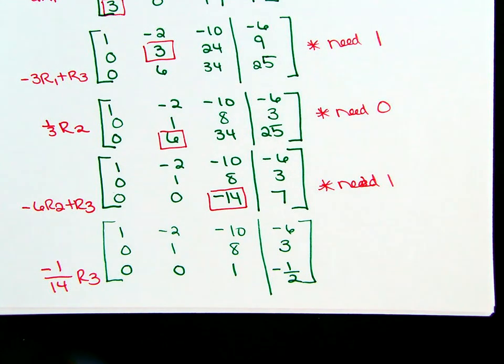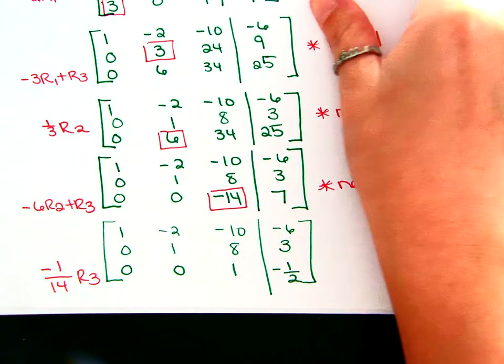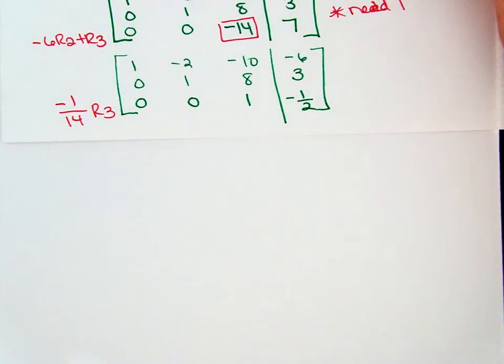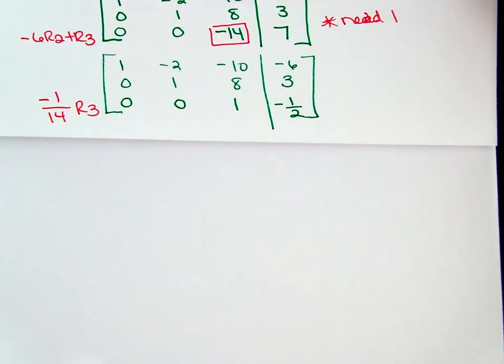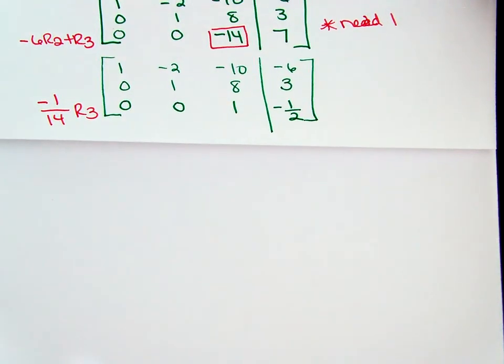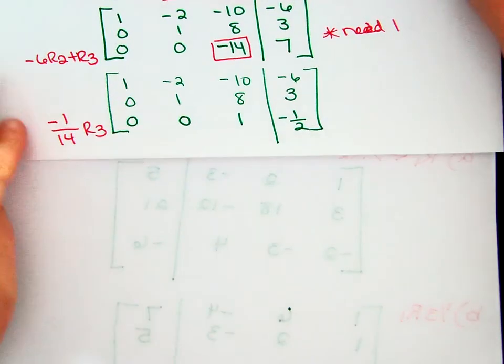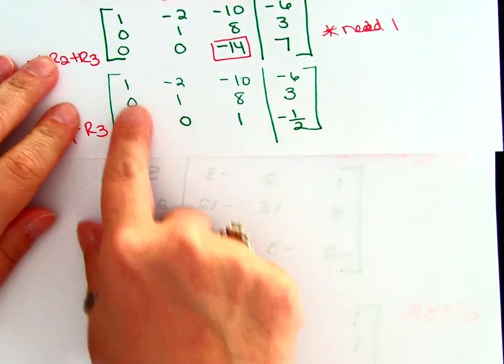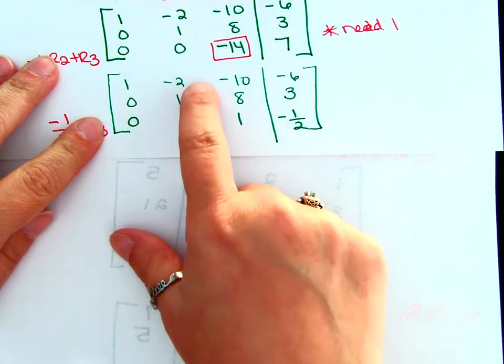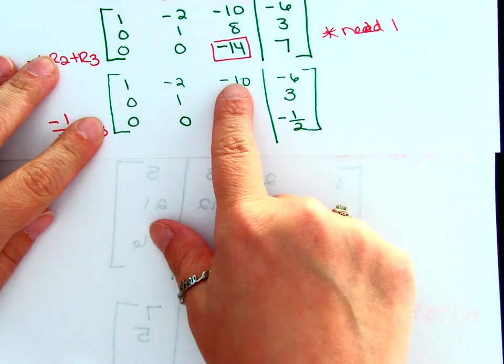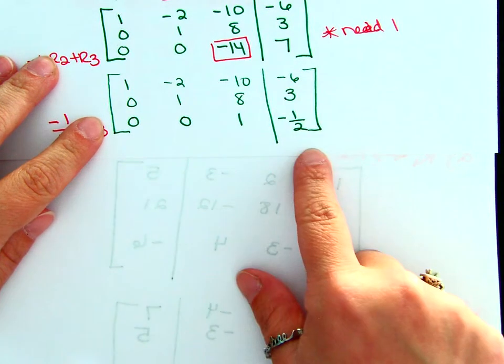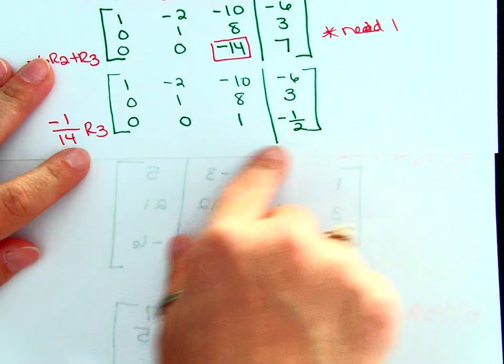We actually have started solving our system. Because if you remember, this first column was our x coefficients, our y coefficients, and our z coefficients, and then our constants. So now that I've gotten to row echelon form, I'm going to write a system of equations based on this information.